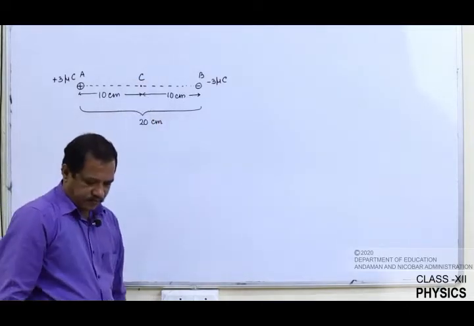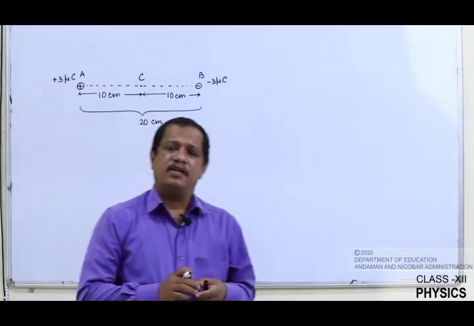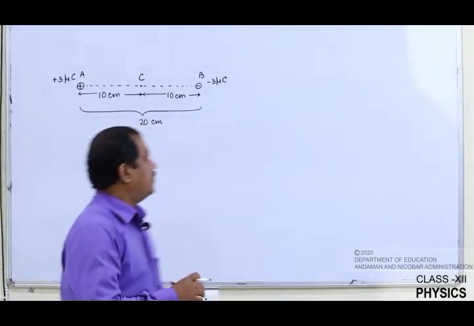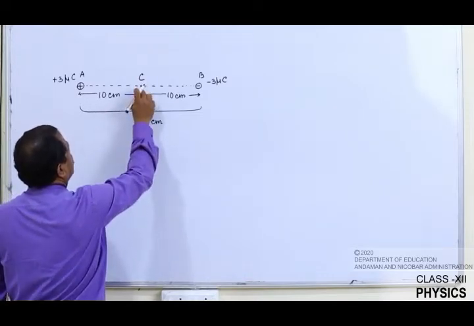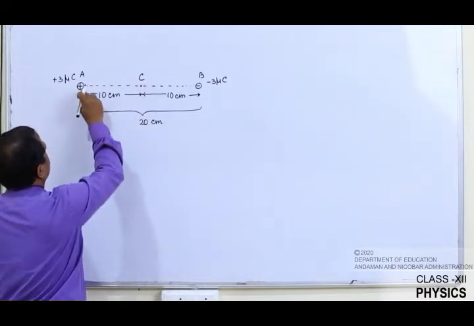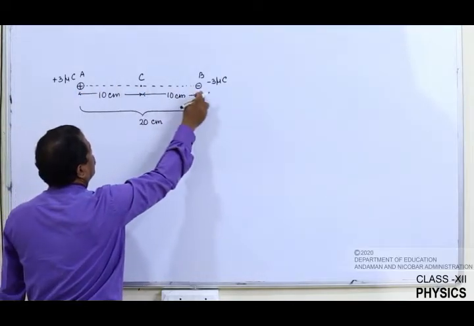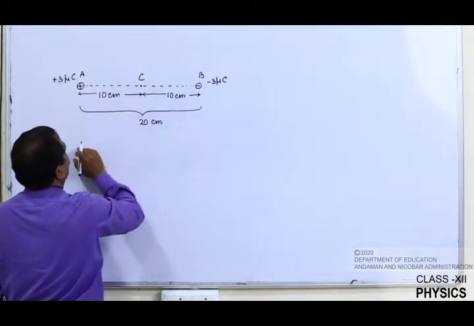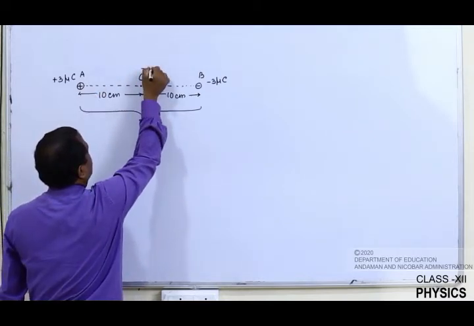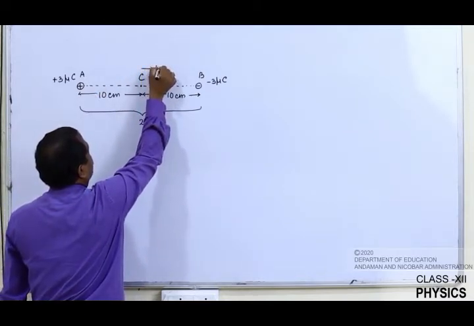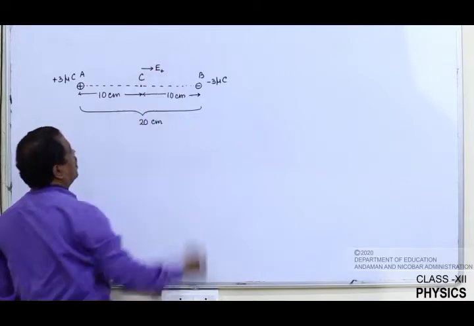First I want to calculate the magnitude of the electric field at point C. Here at point C, two electric fields are acting, one due to the positive charge, the other due to the negative charge. Because of the positive charge, the electric field is acting in this direction. Let me say this is E plus.